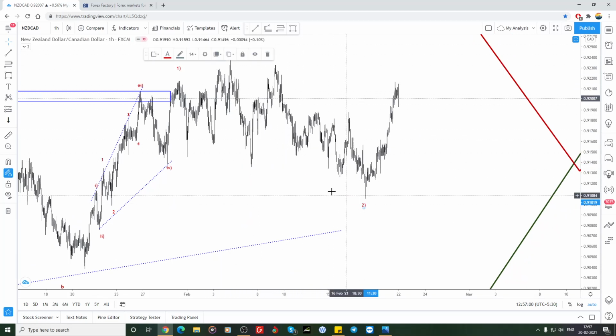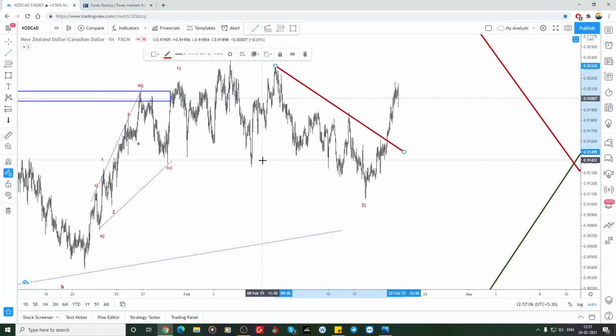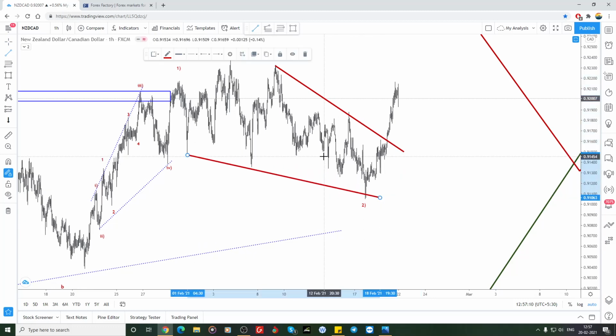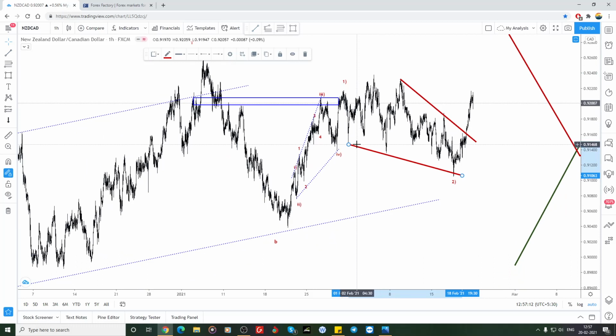So whether, see, I'm not sure about here, but it seems like it already did a correction here. So whether this is A, B, C, so W, X, A, B, C. So this could be the end of that second wave.